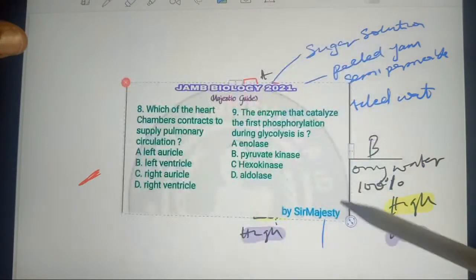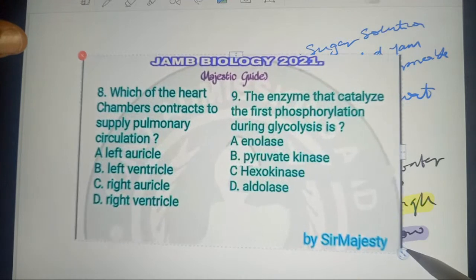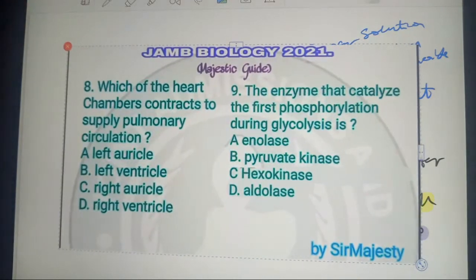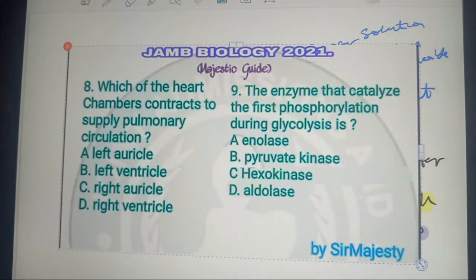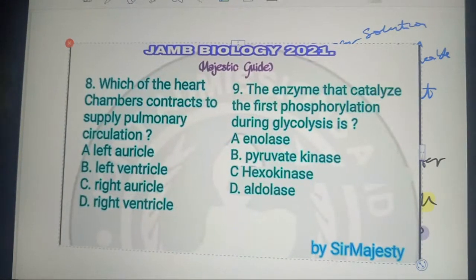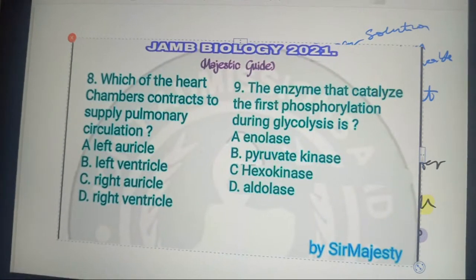So this question: which of the heart chambers contracts to supply pulmonary circulation? When we say pulmonary circulation, it is actually circulation of blood from the heart to the lungs and then from the lungs back to the heart. So the particular chamber of the heart that is responsible for pulmonary circulation supply.